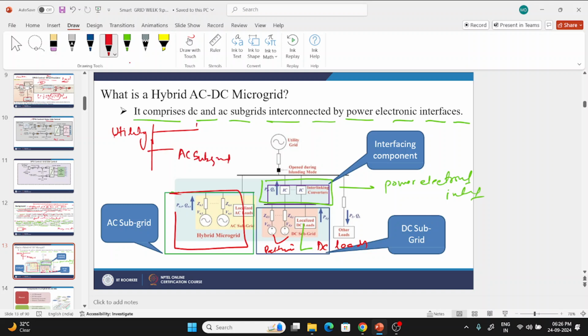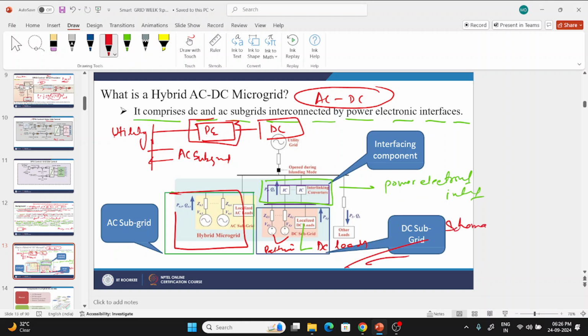Then it is connected to power electronic circuitry, then to DC, because in order to connect the DC loads or DC microgrid in grid-connected mode, we have to use the power electronic circuitry so that AC to DC conversion can happen. But the DC microgrid can directly connect to the utility. So this is the schematic of AC/DC, or we can say hybrid. Generally, we use a hybrid microgrid.